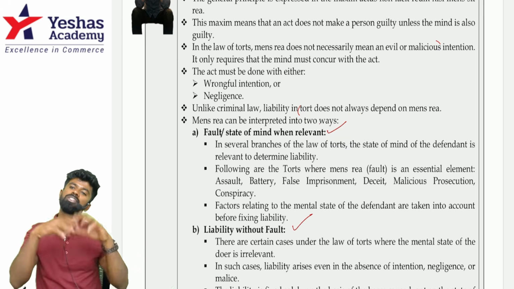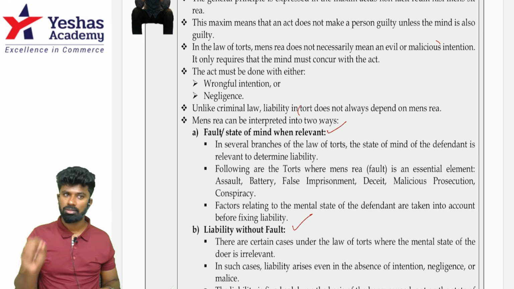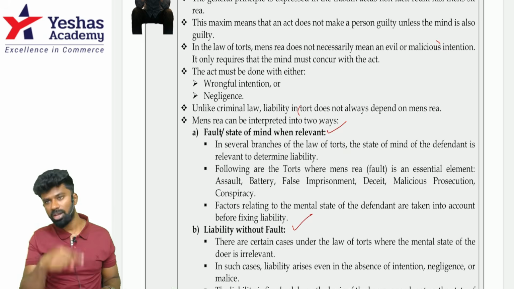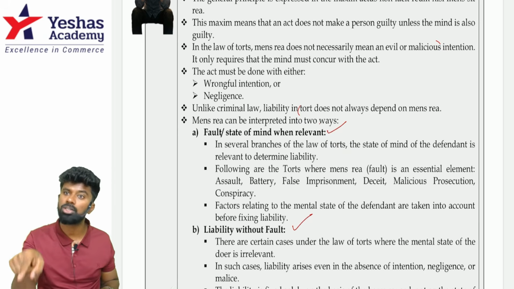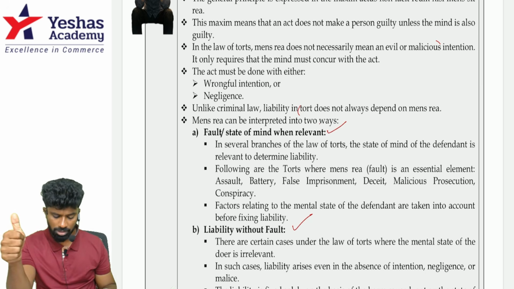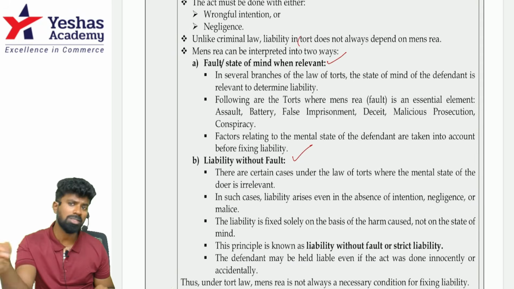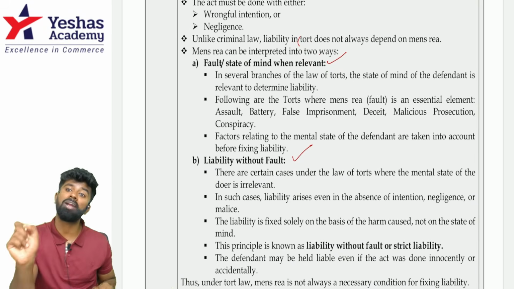So it is not always true that an act needs a guilty mind; there are cases where even if there is no mens rea, liability can arise. So actus non facit reum nisi mens sit rea is not always applicable to a tort.